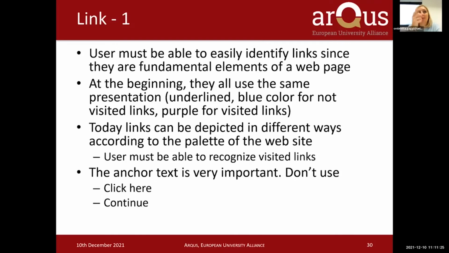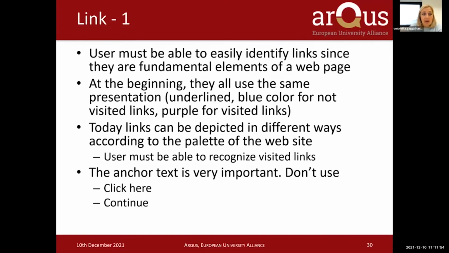Think about the newspaper when you have the summary of the article, and then you can have a link to go to the full text of the article. If the link is "click here" or "continue", people who are visually impaired using the screen reader have a list of all links that are click here, click here, click here, click here, and I don't know how to choose one of these click here.